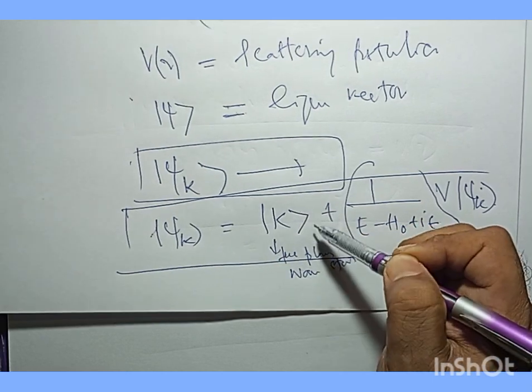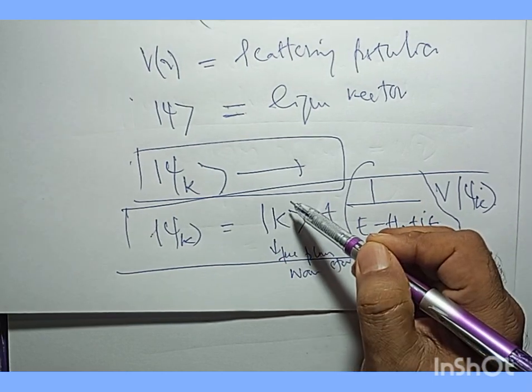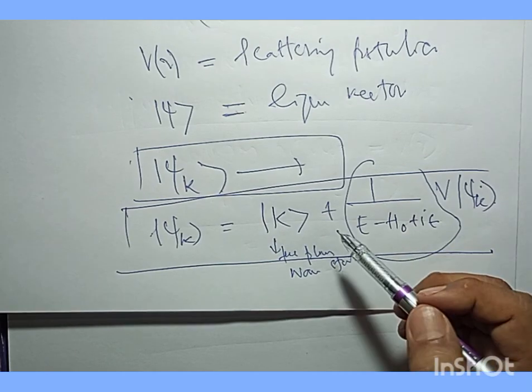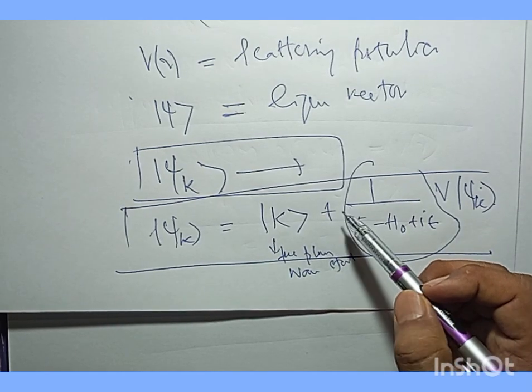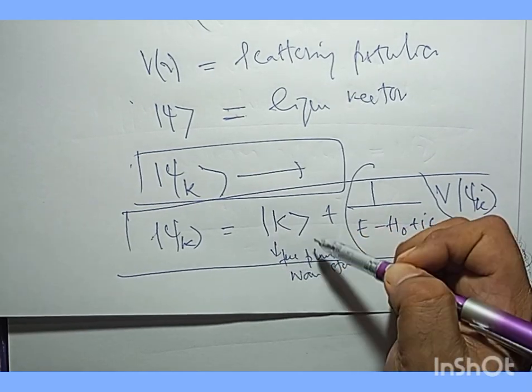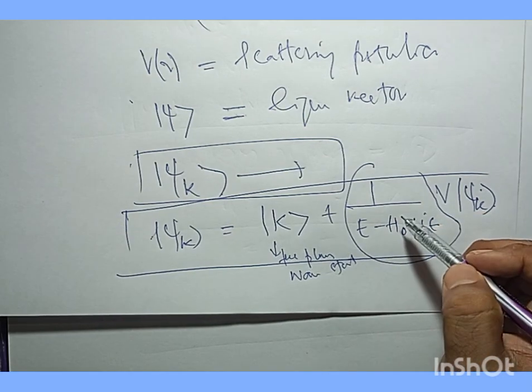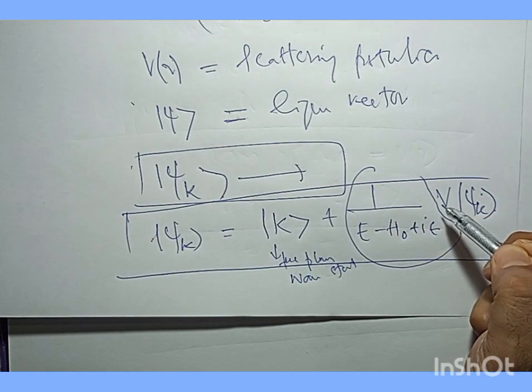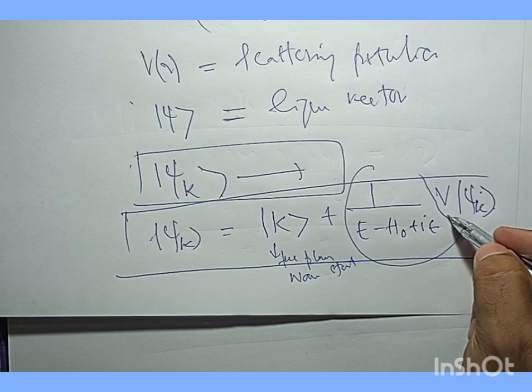So this k is a free particle state, an incoming particle, and the sum of this state and the correction due to the interaction with the potential.